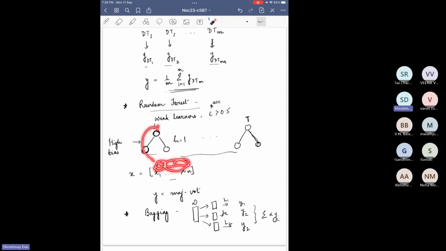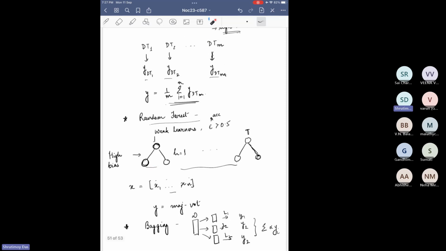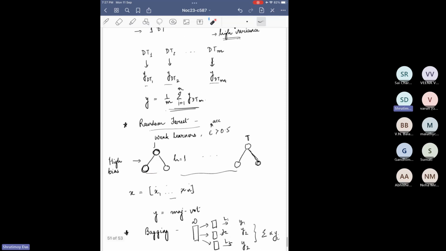You take another subset of attributes, pass it to tree t, and so on, for t times. Then once you get their outputs, you take, say, a majority vote. These models will have much less variance, or much lower bias, compared to the original models.